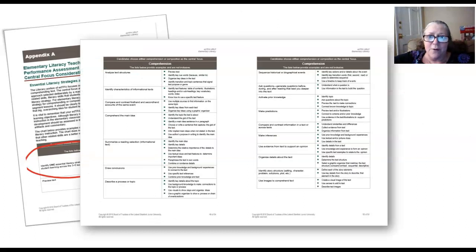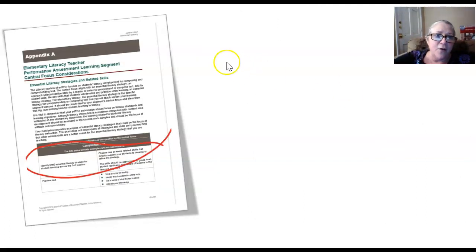So, a minute ago when I was telling you about the Earl and the literacy, this is what it looks like. It's in Appendix A, and I felt so stupid because I had actually taught seminar with edTPA folks more times than I'd like to admit before I realized this was in the back of the elementary literacy Earl. But in the back of it, you can see that you've got your essential literacy strategies here and your related skills here.